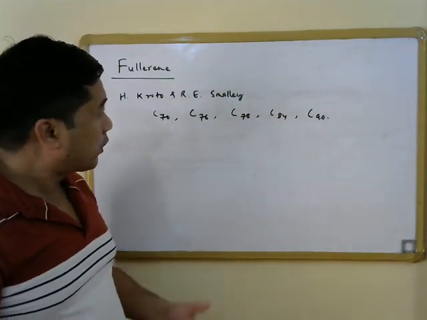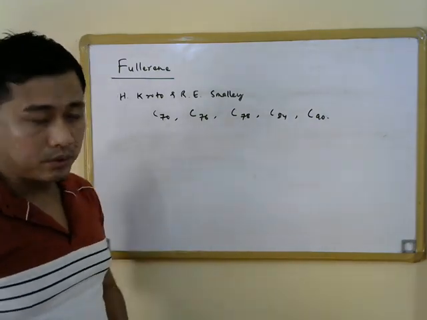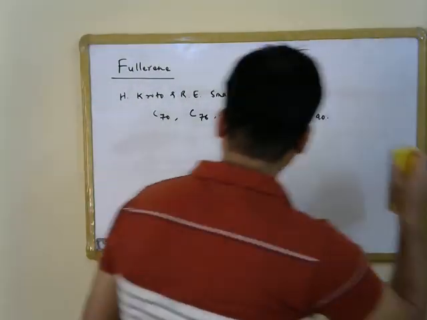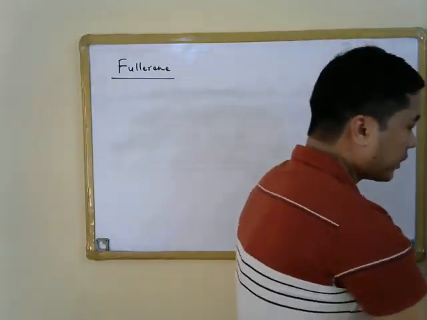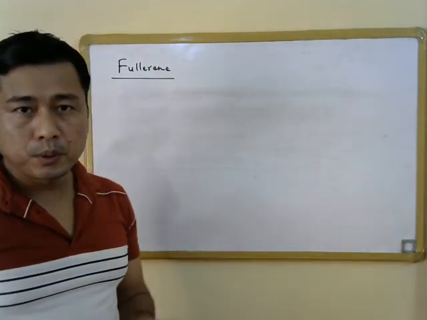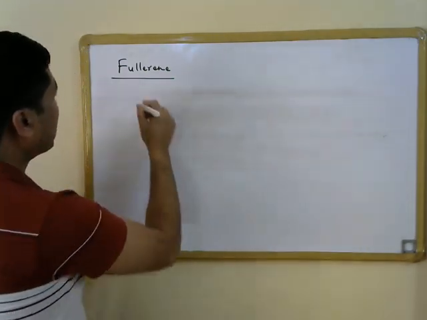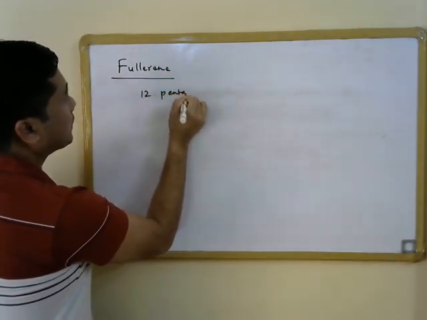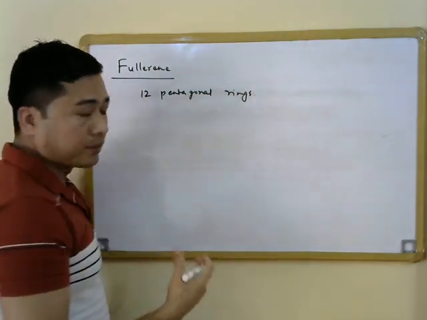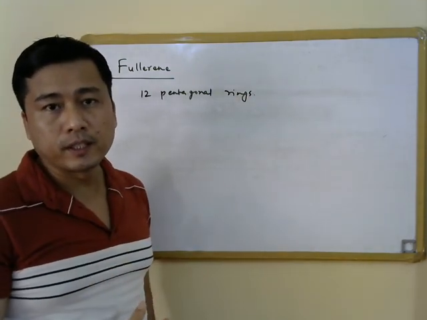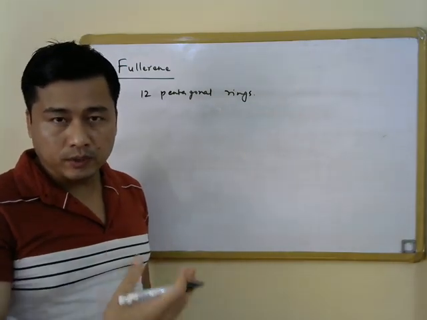Now let us look at the structure of these fullerenes before we discuss the chemical reactivity of these fullerene molecules. In all these fullerene molecules, 12 pentagonal rings are always present, rings formed by carbon atoms, in C60 and the higher fullerene molecules.